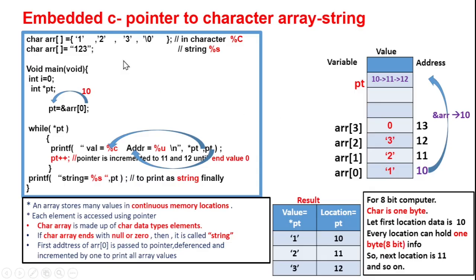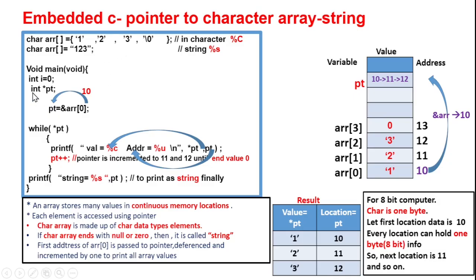Both are the same. This is single quote, this is double quote. When you give double quote, automatically it will insert null at the end. Null is nothing but 0, pure 0. So you can write it in character form, or directly you can give 0 also.